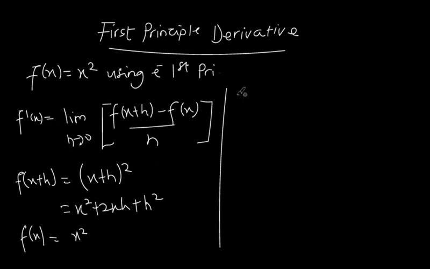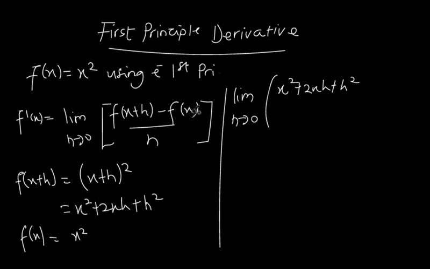So we have over here the limit as h approaches 0 is equal to, into bracket, in place of f of x plus h, we are going to be putting x squared plus 2xh plus h squared.